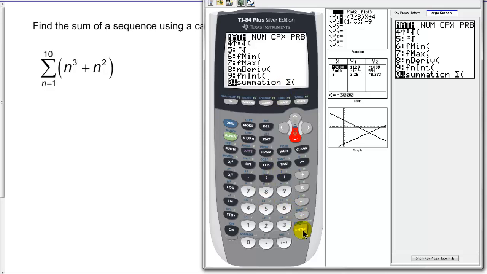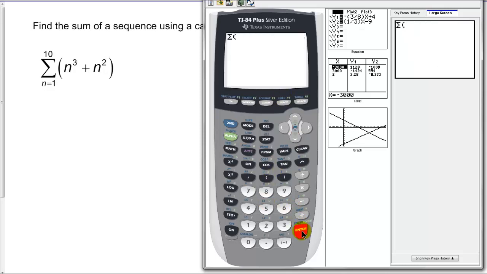I'm going to hit that. Next thing I need to do is plug in my formula. Now these say n, but I'm going to use x in this case. X cubed plus x squared.